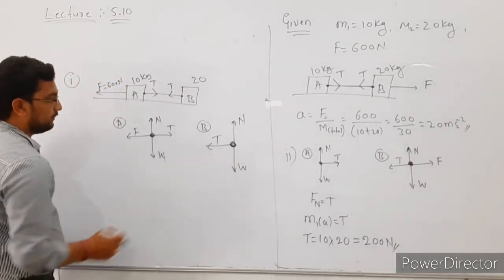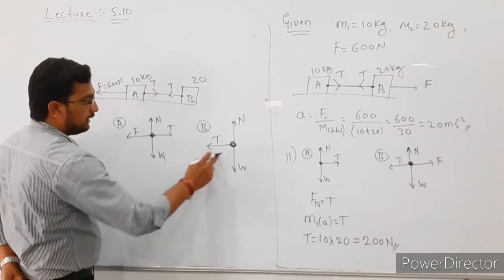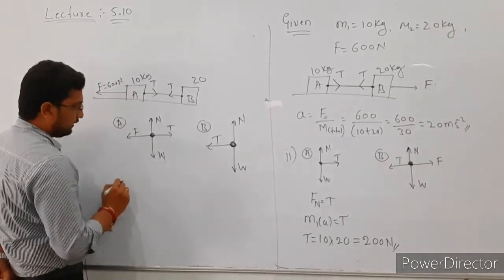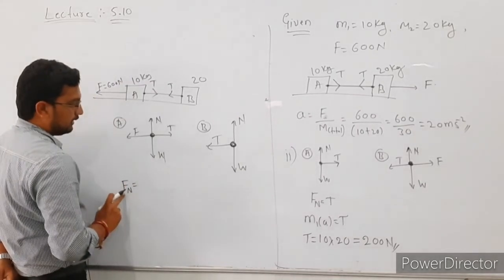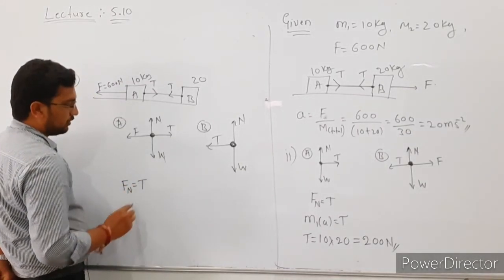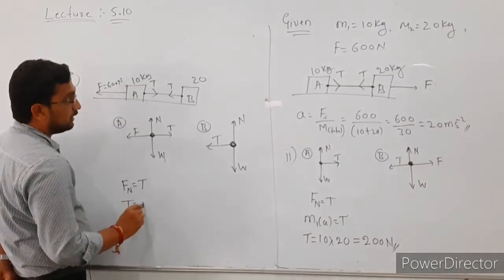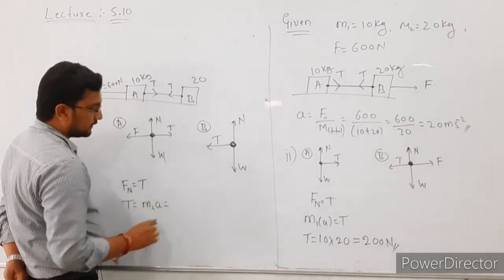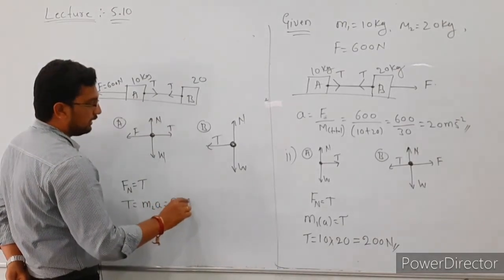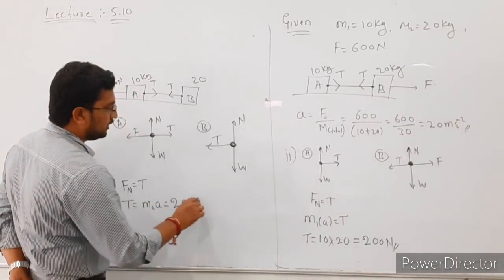So from this diagram, the net force acting on body B is equal to tension. So tension is equal to net force, which is nothing but m2 into a. m2 means the mass of the second body, that is 20, and the acceleration of the system is 20.